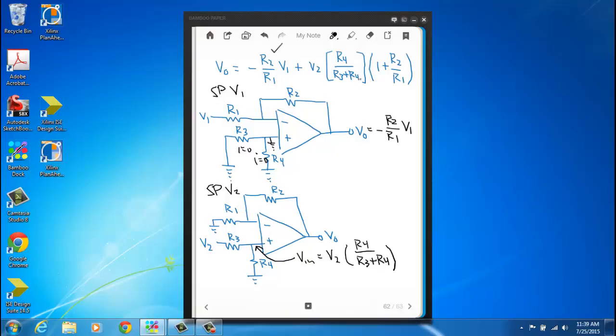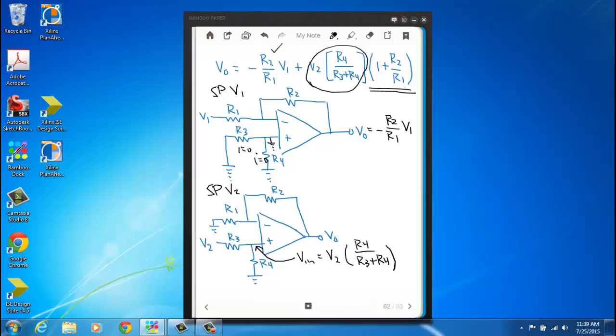So that's what you see, this term here is the modified input voltage, and then here's our non-inverting amplifier expression, the 1 plus the ratio of the two resistors that we have seen before. So this representation of Vout for the difference amplifier shows that it's equivalent to a superposition analysis, where one superposition analysis gives you the inverting amplifier, and the other superposition analysis gives you the non-inverting amplifier, slightly modified, like I said, because the voltage at the non-inverting input has been voltage divided.